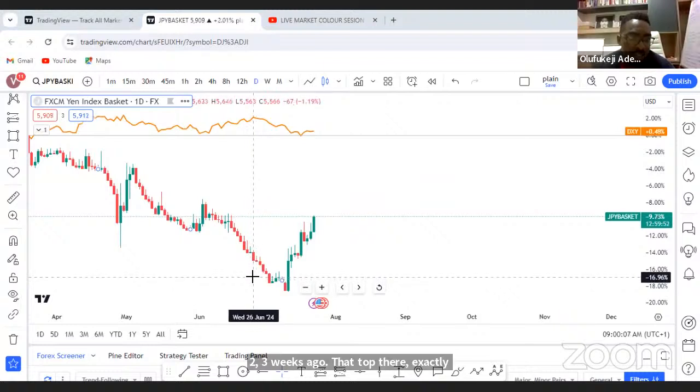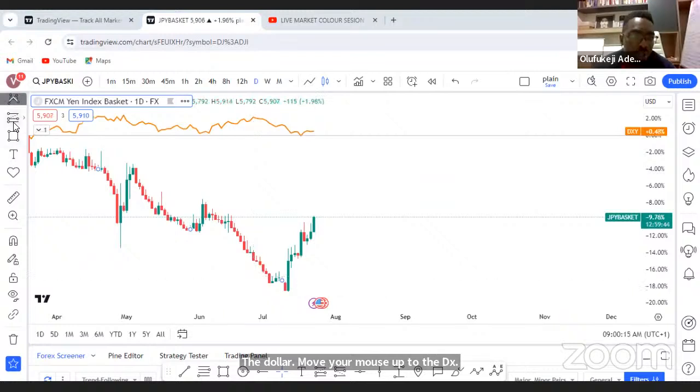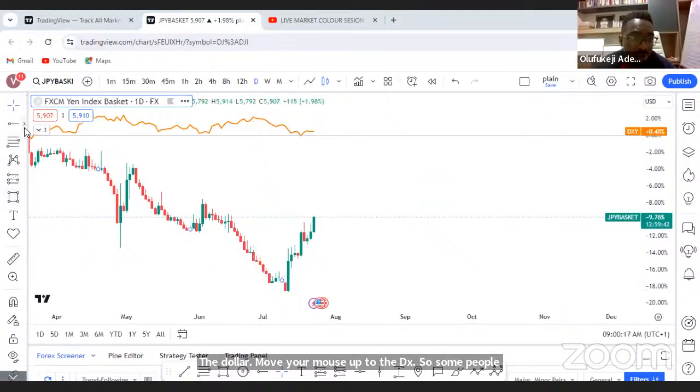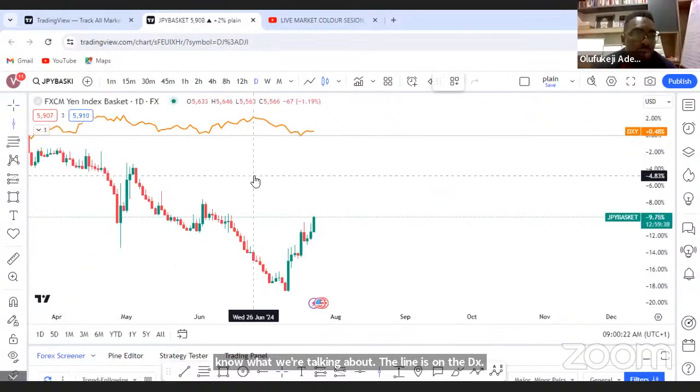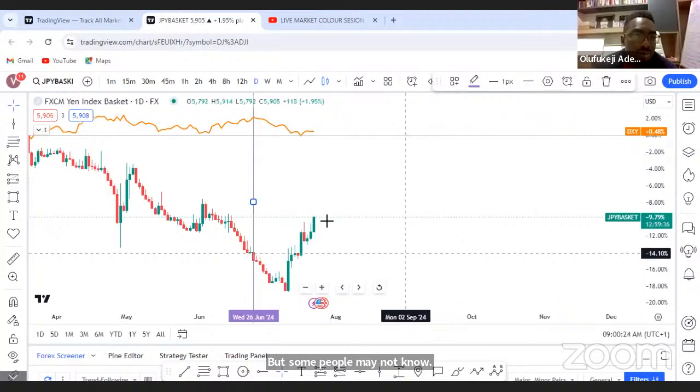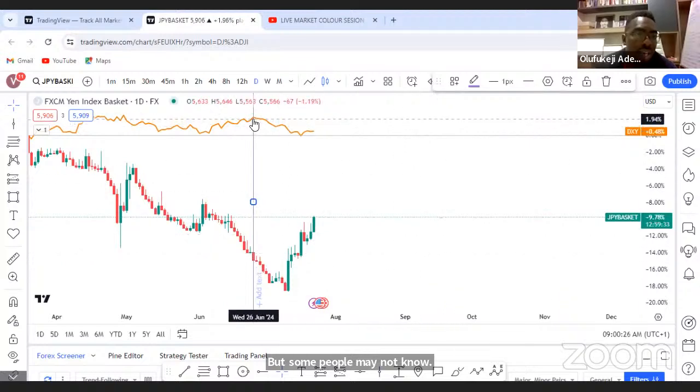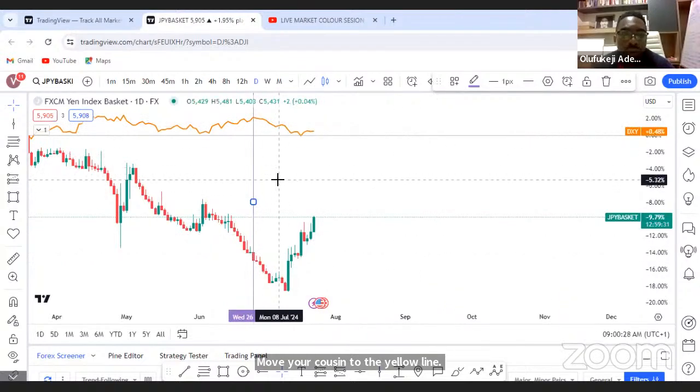So it found its top. Move your cursor to the yellow line so people know the line is the DXY. Exactly, fantastic. That was where the DXY seemed to have found its highest high.